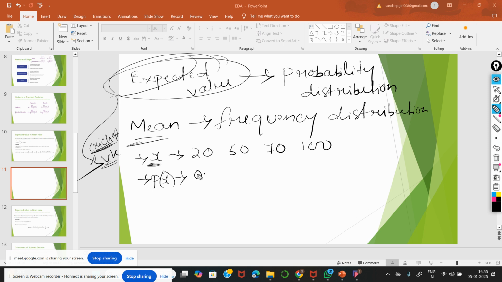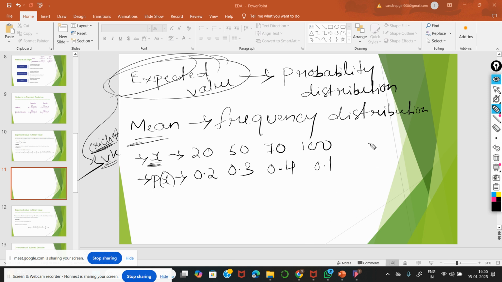Probability of scoring 50 is 0.2. That means there is a 20% chance that he will score 50. Then 0.3 for this, this is nothing but 0.4, this is nothing but 0.1.